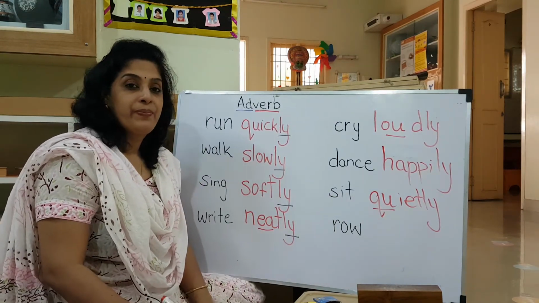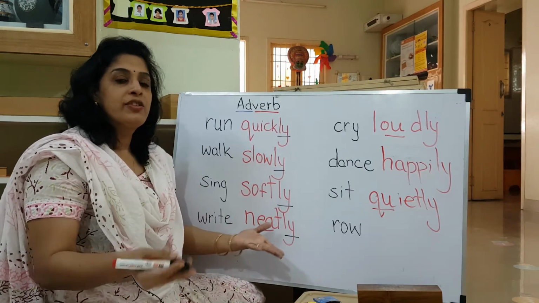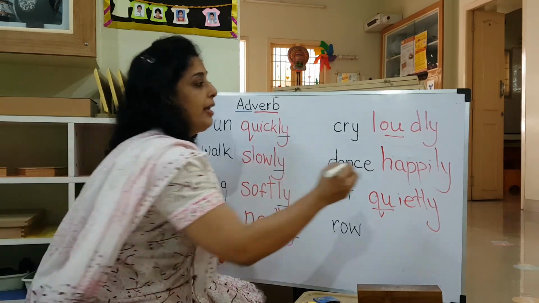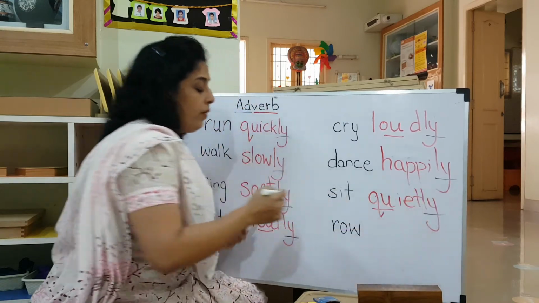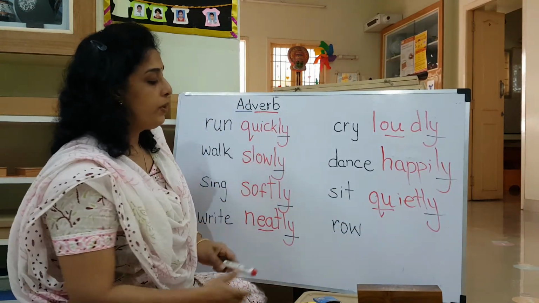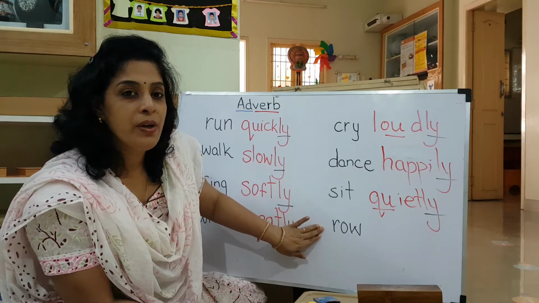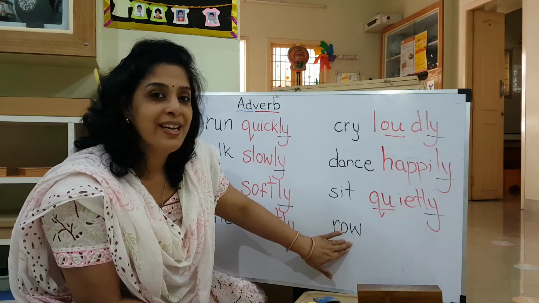Row. What can I say? We'll sing a song. Now you tell me what. It has to be a li word only. Like loudly, happily, quietly. One more li word. What can be that adverb? Row, row, row your boat gently. How do you have to row the boat?